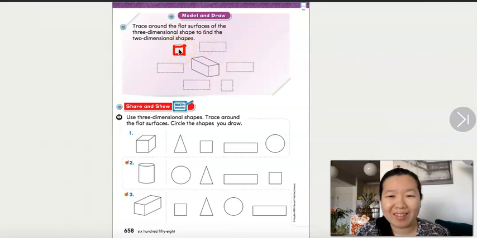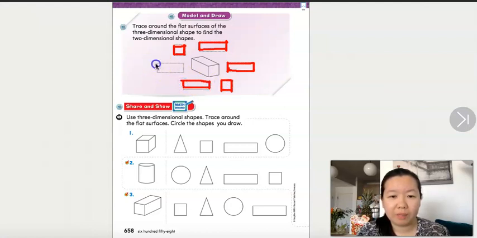It's a square. Good job. Then we have this one here. It's a rectangle. And then the next one is a rectangle. This one is a square. And this one is a rectangle. And this one is a rectangle, right?